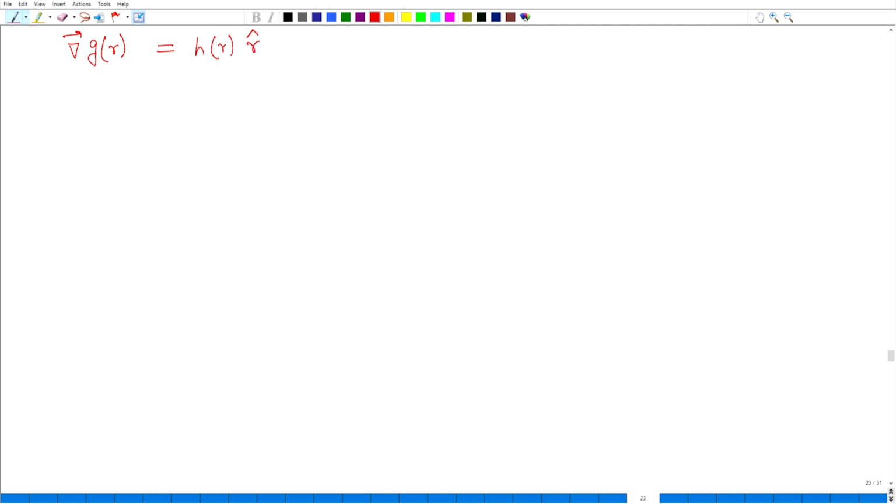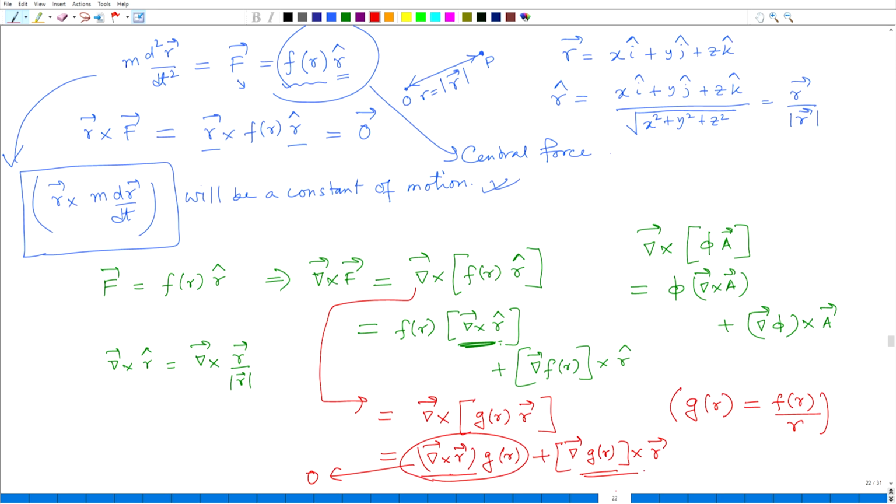That is a small home task I can give you, you can show that easily. Or you can write some h1(r) times r vector. Then gradient of g cross r vector is again equal to 0, because they are parallel to each other and you will have a null vector. So, the result is that the curl of F is equal to 0.